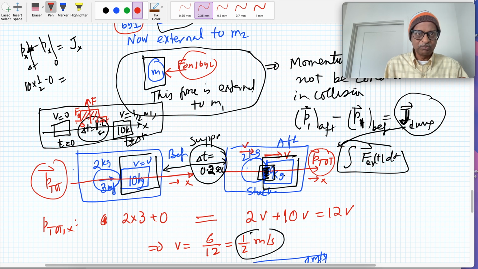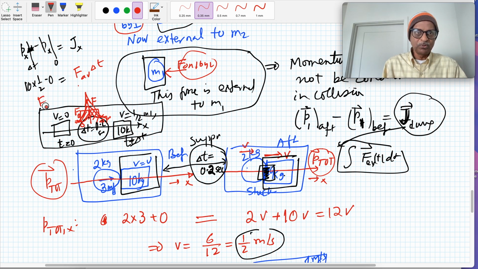So jx will be some average force times delta t. We don't know if it was like this or like that. What kind of force diagram was there? We don't know that, okay?